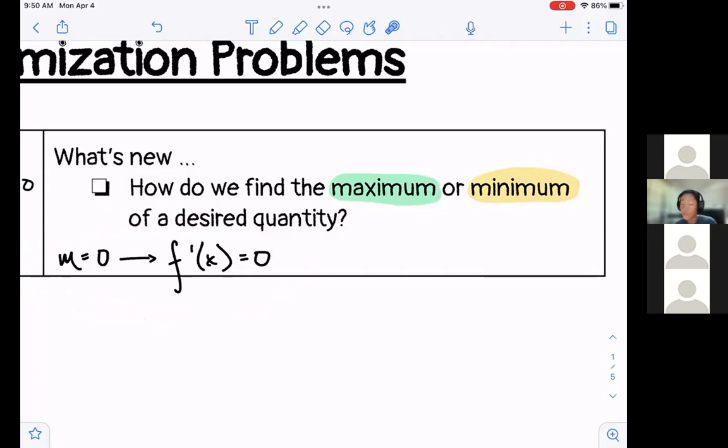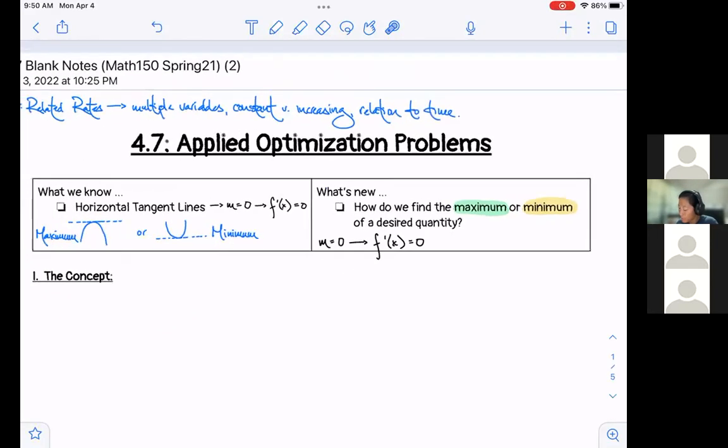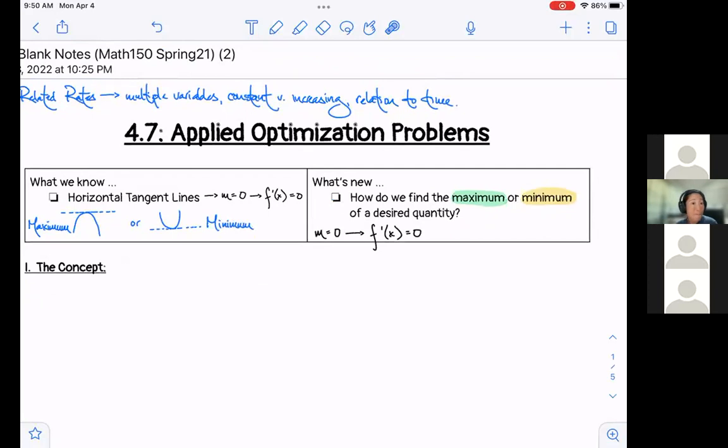Yeah, indeed. Whether I say I want to find a maximum or I want to find a minimum, if we think back to this picture we had on the other side, both ways that slope is going to be 0 at that point, right? So it turns out that for both of these, maximum or minimum, we can set that derivative equal to 0 and solve for x.